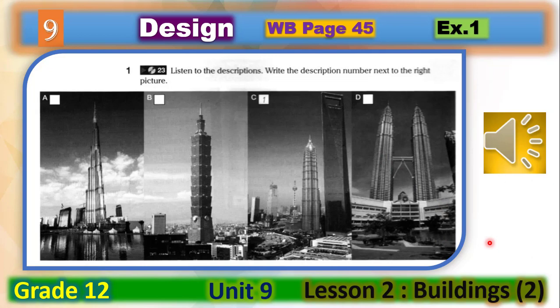Unit 9. Design. Recording 23. 1. The base of the building is square, but for 3/4 of its height, it tapers to its recognizable rectangular top, where an opening reduces the stresses of wind pressure. Its shape is often compared to a giant bottle opener. The hotel on the 79th to 93rd floors is the highest in the world. 2.